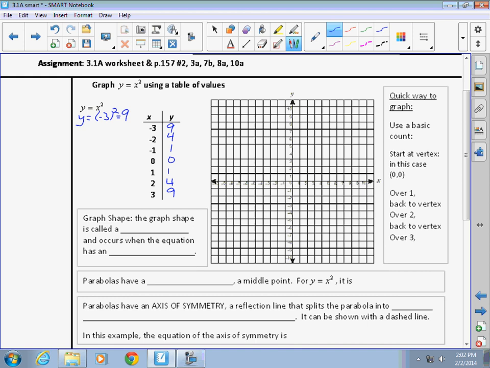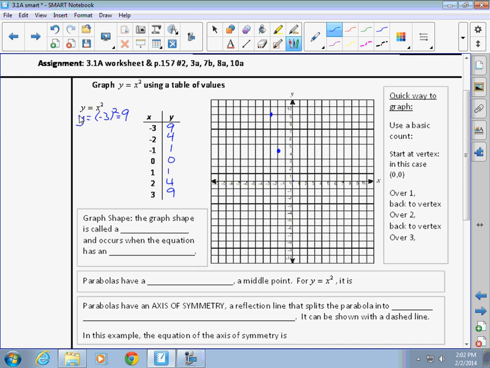Okay, so we're going to graph our points here. 0, 0 is right here, our beginning point. Our first point was at negative 3 and 9. Second point was at negative 2 and 4. Oh, I'm missing a line in between there, so let's put our dot there. Sometimes when I copy them from Word into Smart, it deletes random lines.